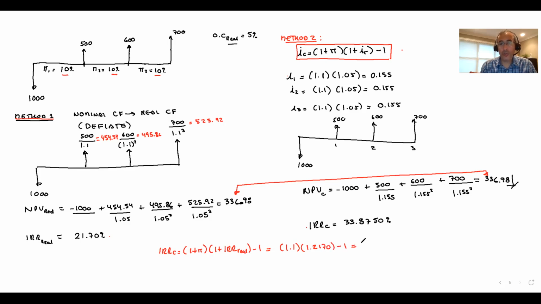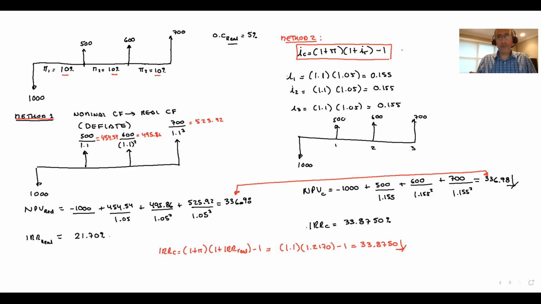And then for sure, what you're going to obtain here, guys, is 33.8750. Remember again, this happens if and only if inflation per period is exactly the same in all the periods. But if you have a different number here, you're not going to get anything.